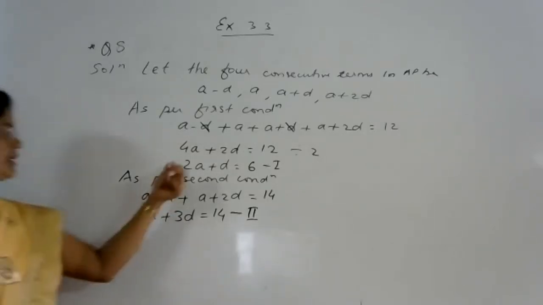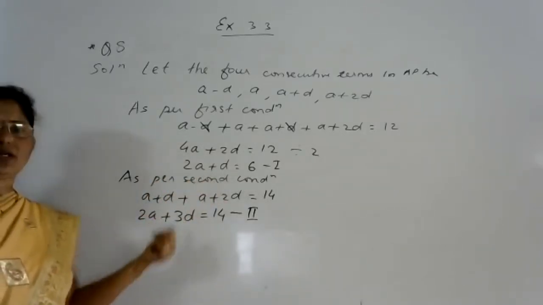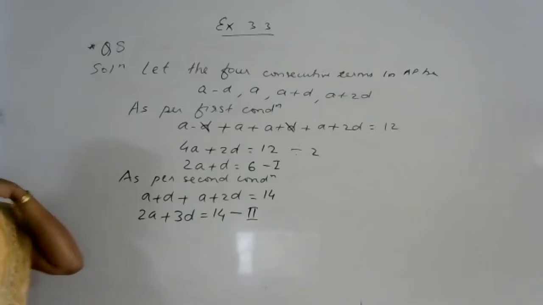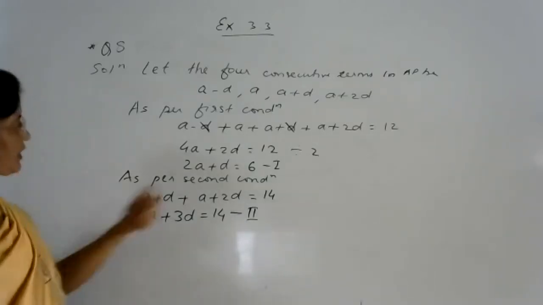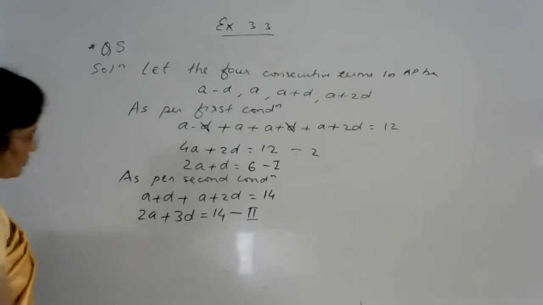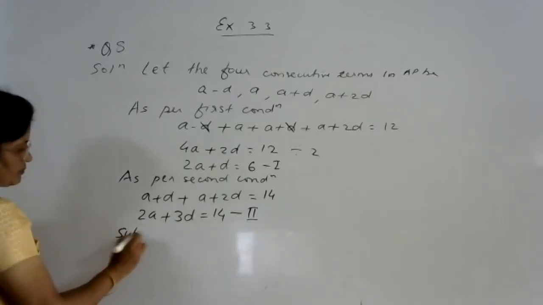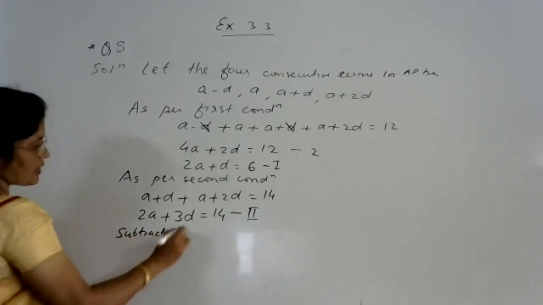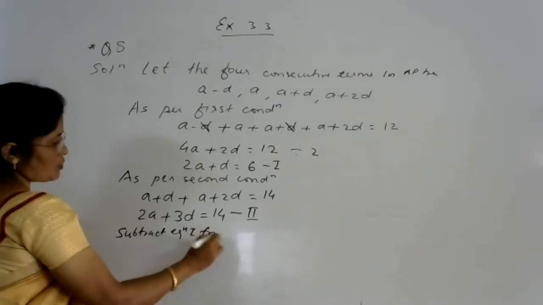Now these are two simultaneous equations you got here in terms of A and D. How to solve this type of equations you know. So to eliminate A, what will we do here? Subtract equation 1 from 2.